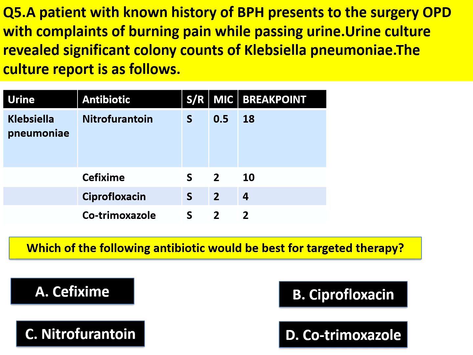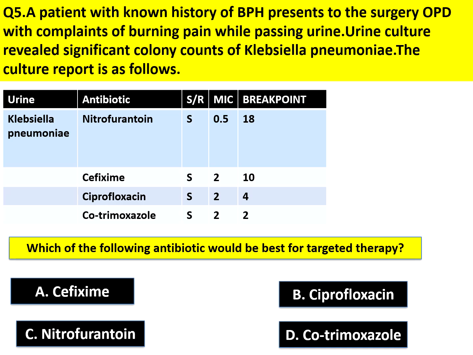Next point to consider, is there any intrinsic resistance of this antibiotic against the organism isolated? For Klebsiella pneumoniae, the intrinsic resistance is seen in ampicillin and ticarcillin, and it is not intrinsically resistant to any of these: nitrofurantoin, cefixime, cipro, and cotrimoxazole. So now the point to consider is the therapeutic quotient.